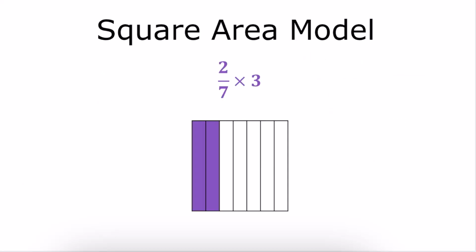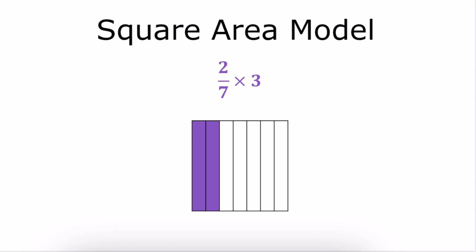And you could do this with any type of area model. So I've been using circles on the last few slides, but you could also use squares or rectangles or even other polygons, as long as you can split up the polygon equally into the denominator. So if we had 2/7 times 3, basically you could imagine making 3 copies of 2/7.